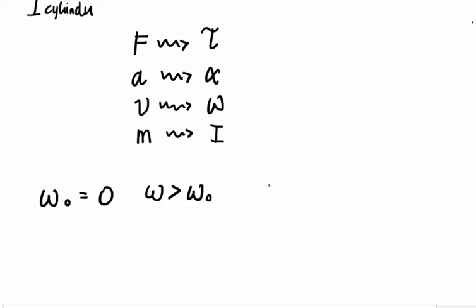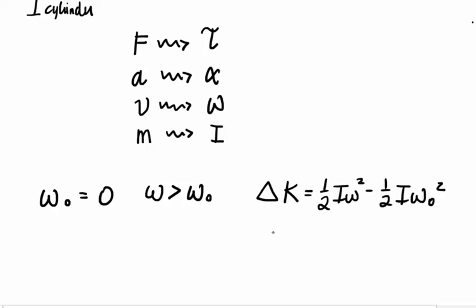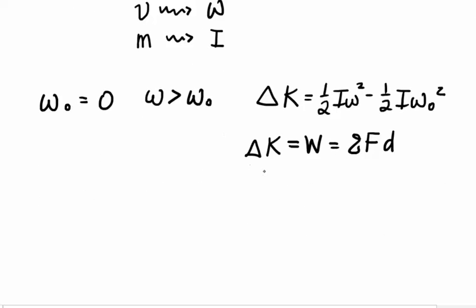We've had a change in kinetic energy, because we'll have 1/2 I omega squared minus 1/2 I omega initial squared. And change in kinetic energy is by definition work. Work is the net force times a distance. So in order to change this kinetic energy, we have to do work.